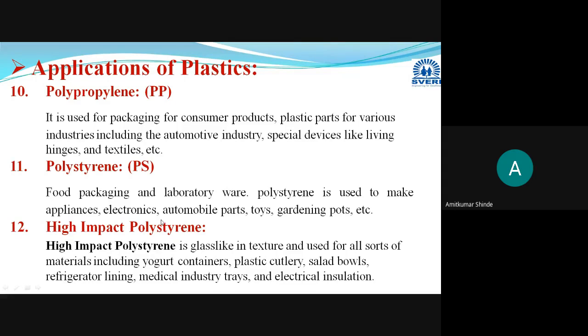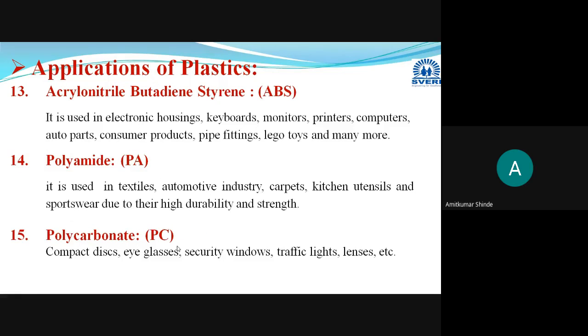And then different salad bowls, refrigerator linings, and in the medical field lots of trays are there. All these are manufactured with the help of high impact polystyrene.